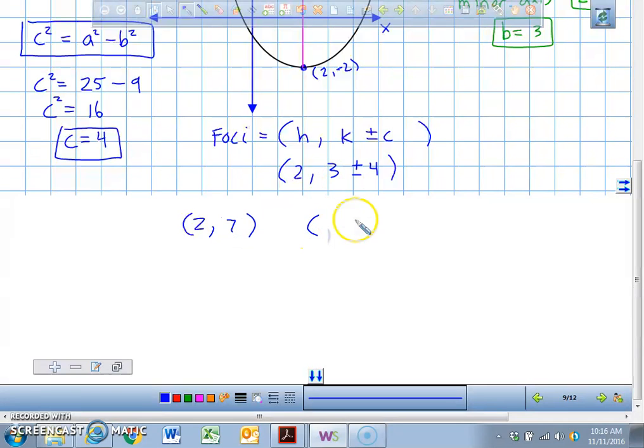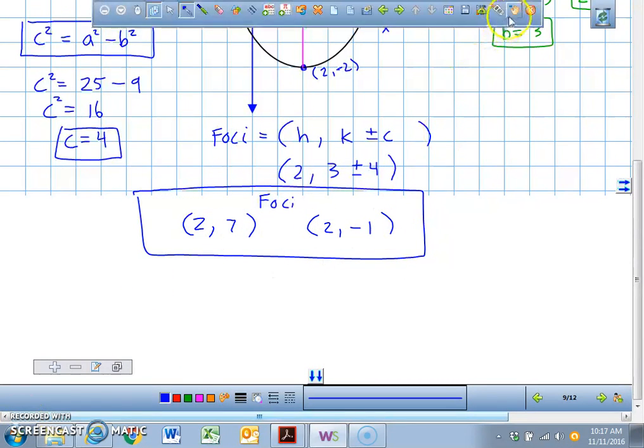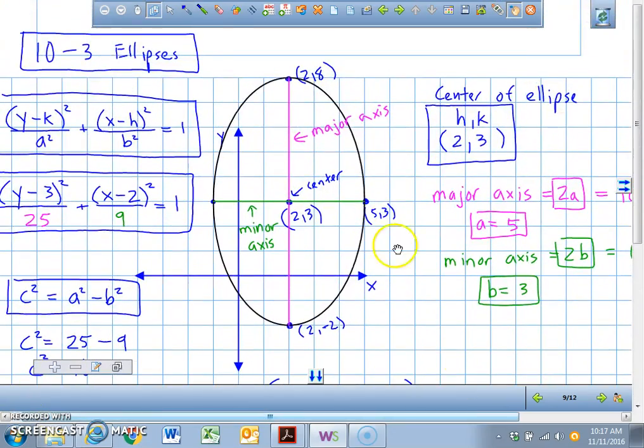Then our other focus is going to be 2 comma 3 minus 4, which is 2, -1. These are your foci right here. So we're going to plot these 2 points. We're going to plot 2, 7, which is right here, and 2, -1, which is right here.